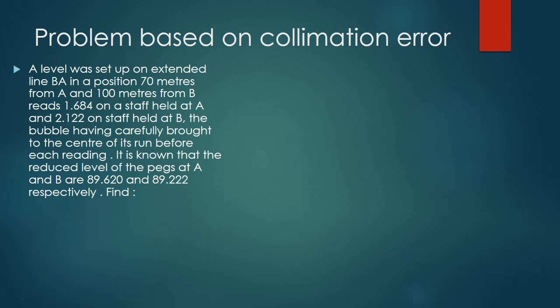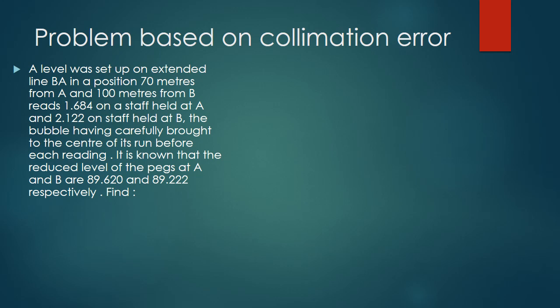Now here a level was set up which is on the line BA. BA has to be produced, the extended line. Then the level is set up 70 meters away from A and 100 meters away from B. The staff reading at A is 1.684 and the staff reading at B is 2.122.